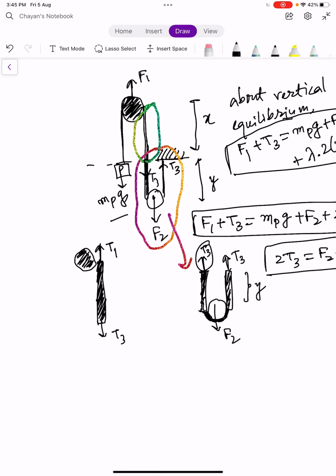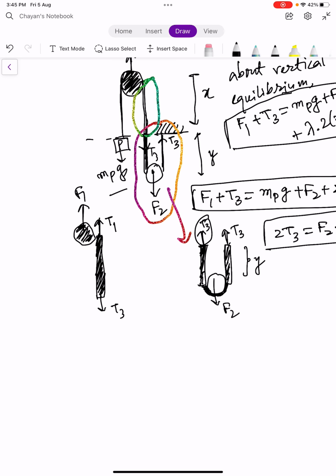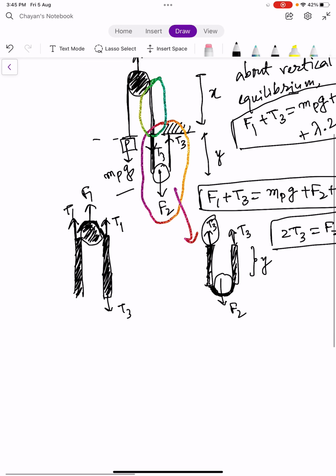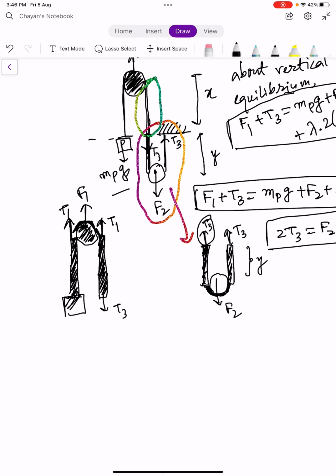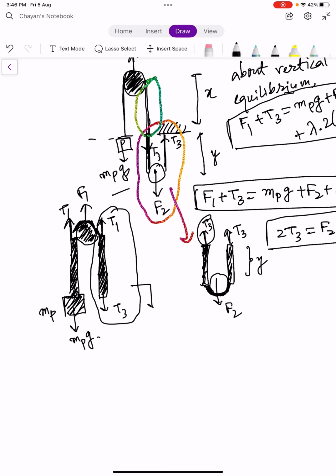As the pulleys are ideal, there is no loss in tension over this surface, so I can consider that the same T1 is here also. There is also the mass of the pulley, so MP into G acts. So we can see T1 equals T3 plus lambda X into G.